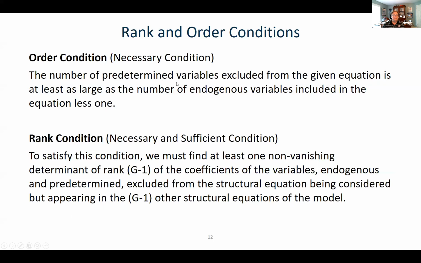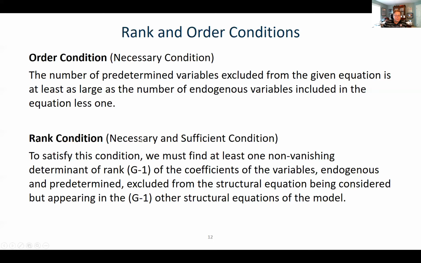What we need to do is count the total number of predetermined variables in the whole system, figure out how many predetermined variables have been excluded from the given equation, and compare that to the number of endogenous variables included in the particular equation minus 1. If the number of predetermined variables excluded from the given equation is at least as large as the number of endogenous variables included in the equation less 1, then we have met the order condition.